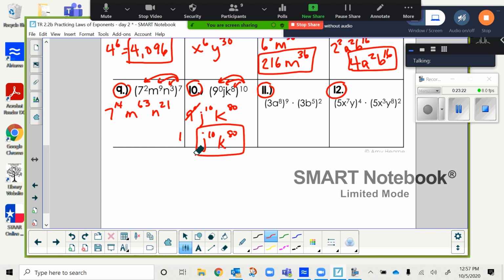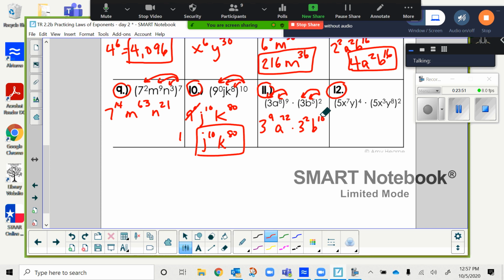And then for 11, you've got powers to powers, and then you're going to be multiplying stuff. So in that first group, it's 3 to the 9, a to the 72, times the second group where you had that 2 power that went in here and here. So 3 squared b to the 10.